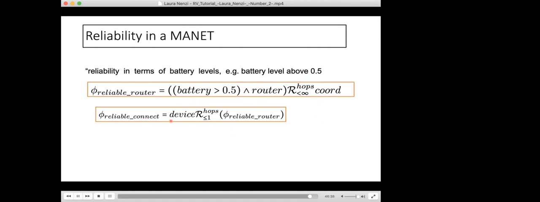Then we can consider instead just that the device should be connected to a router, or connected to a router that is connected to a coordinator; we can consider this reliable router, which is reached in one hop, a reliable router.